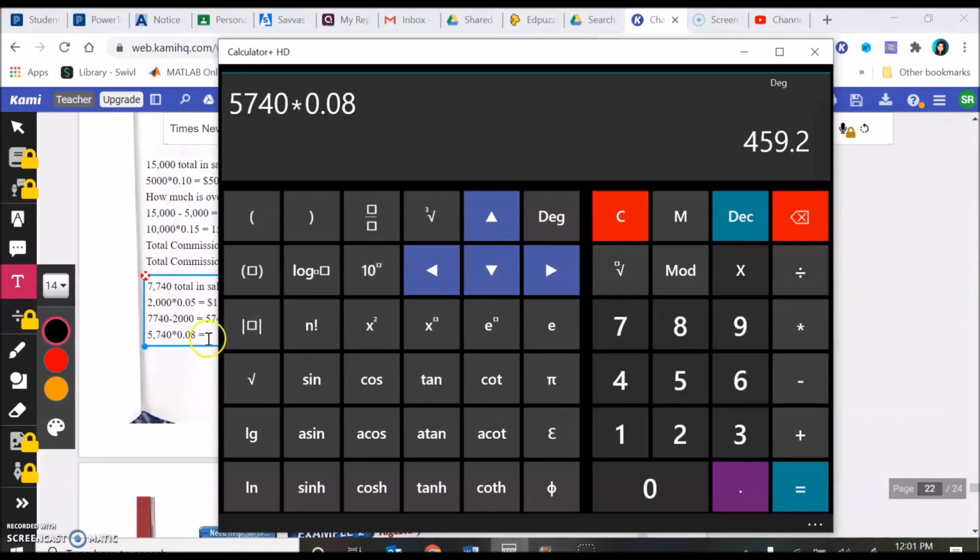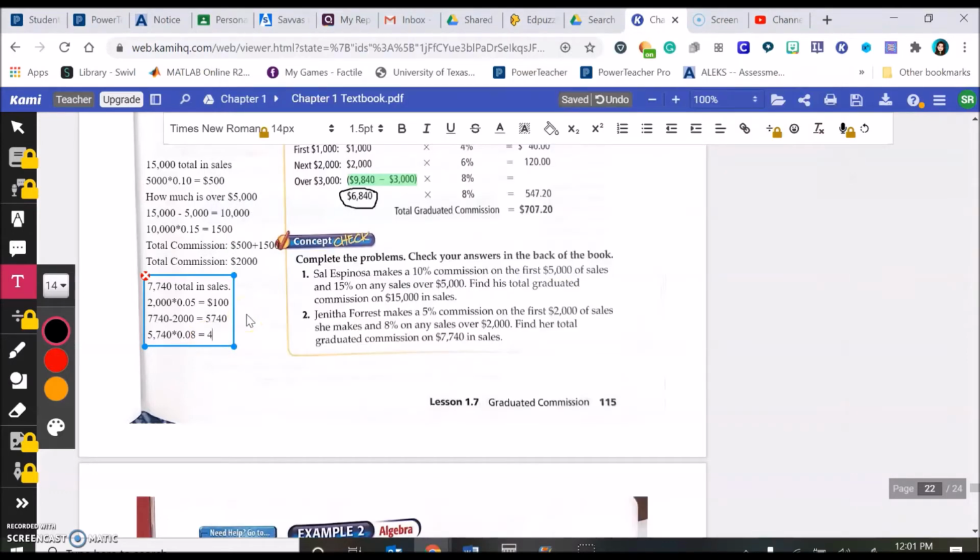That gives $459.20. Then I'm going to add those together: the 100 plus the 459.20, which equals $559.20. So that was her total commission.